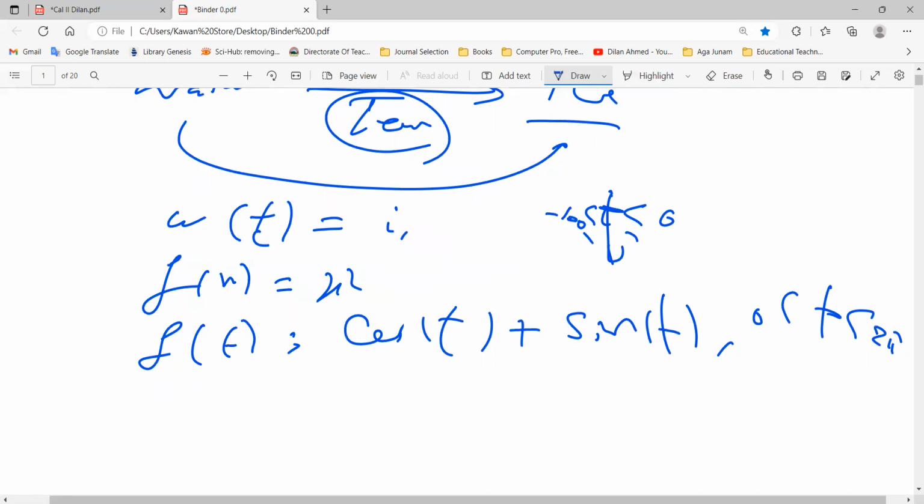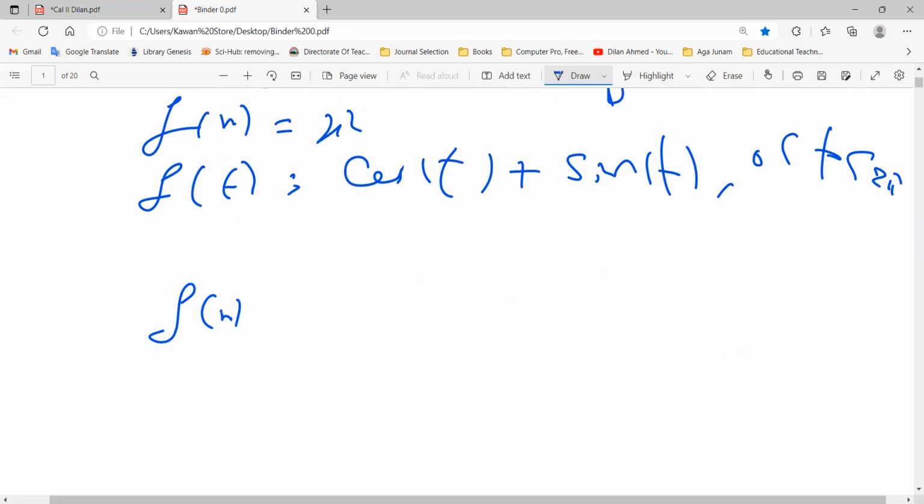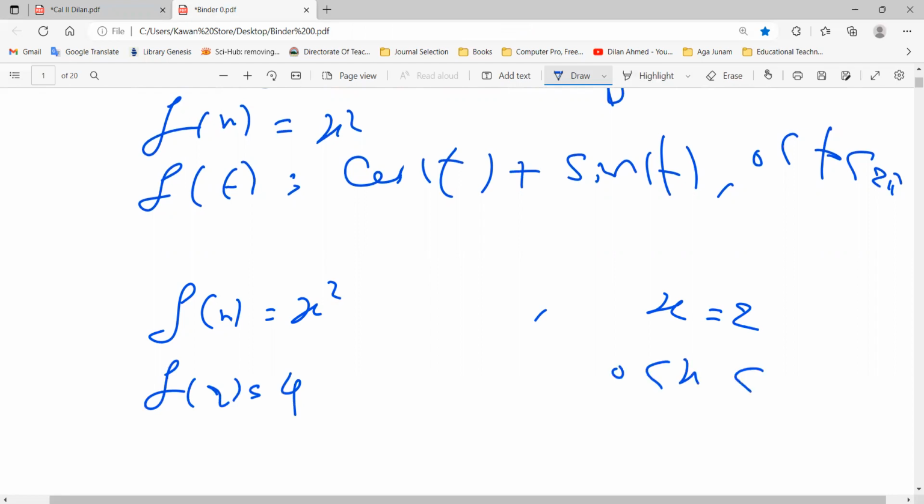T is the assistant thing that helps us to change something to something else, or helps us get the continuation of the function. For example, if I say f of x is equal to x squared, when I say x is 2, I know I will get 1 point, which is 4. But when I say x between 0 and, for example, 2, I know I will get many points, right?